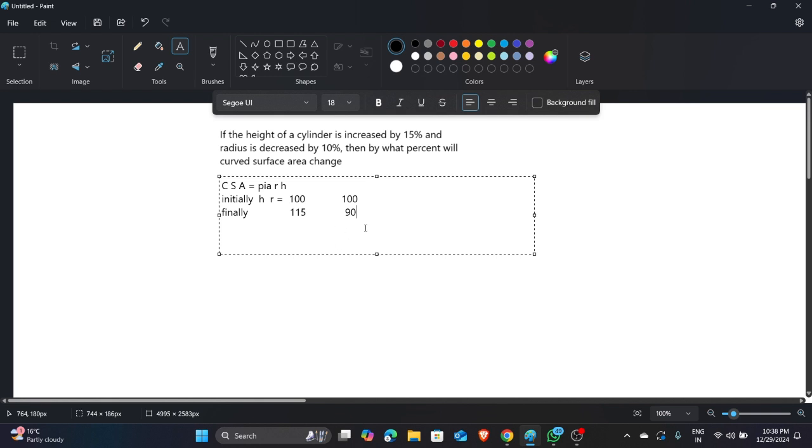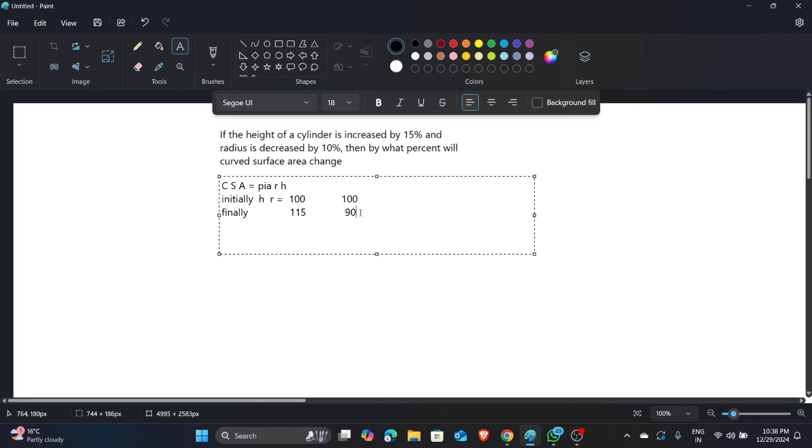In this question we have to do the simple thing. You apply the formula for the initial and for the final, then take out the answer, subtract it, and calculate the change with respect to the initial condition, because if we want to calculate the changes, we always calculate with respect of initial conditions. If a question gives some other condition, then it depends on the condition, but most of the time we calculate the changes with the initial things only.